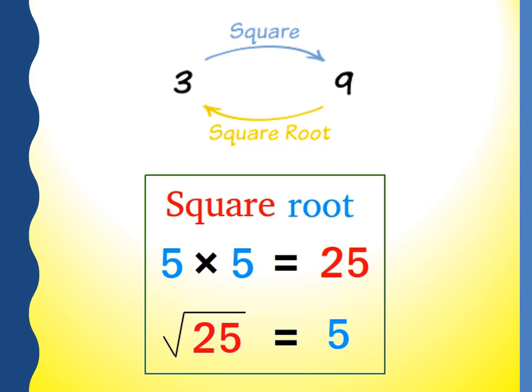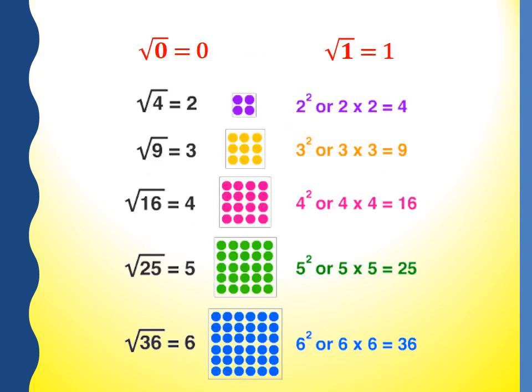Then the square root is the opposite operation of squaring a number. 5 times 5 equals 25, then root 25 equals 5. By the same concept, root 0 equals 0, because 0 times 0 equals 0. Root 1 equals 1, because 1 squared equals 1.